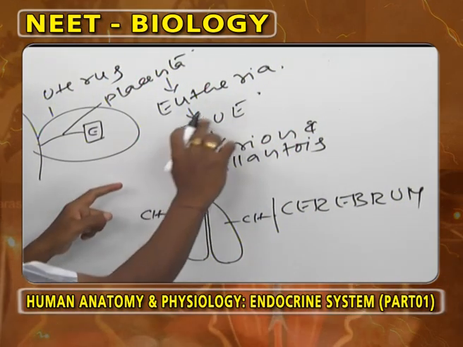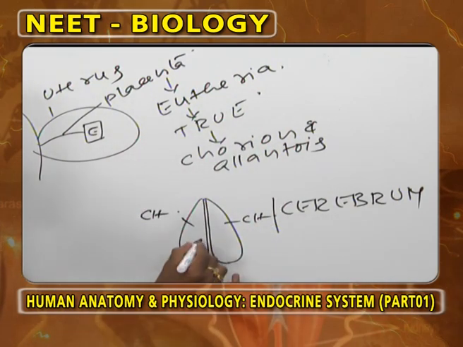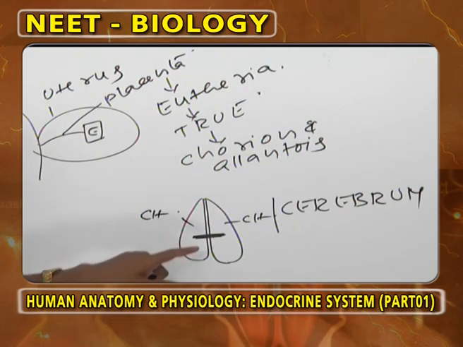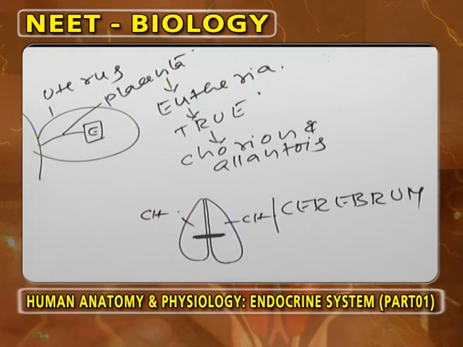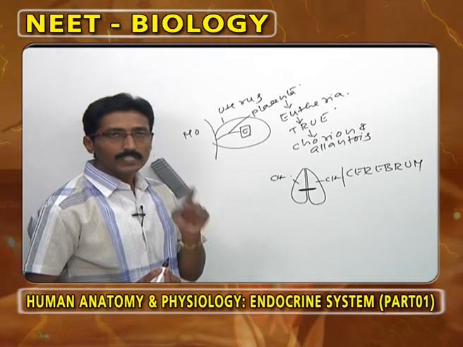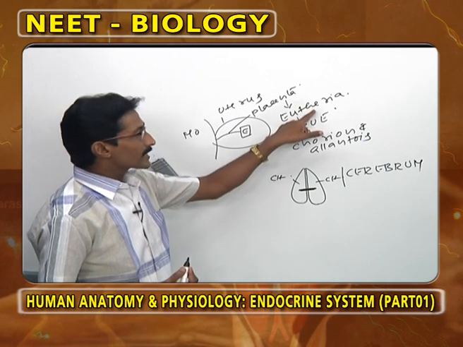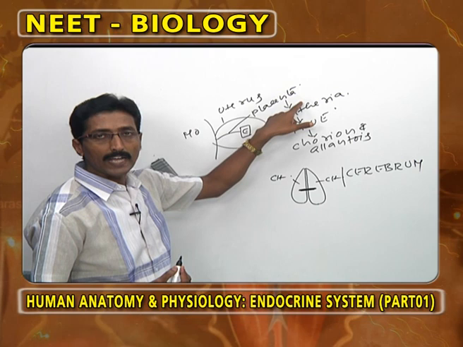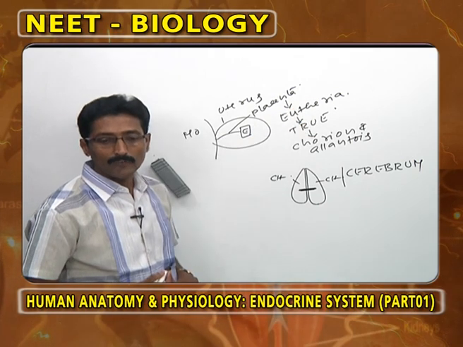Now in case of placental mammals, the two cerebral hemispheres connected by a transverse nervous tissue that we call it as corpus callosum. Corpus callosum is clear in case of eutheria. Eutheria is called true placentalia. Now we go for the next question.